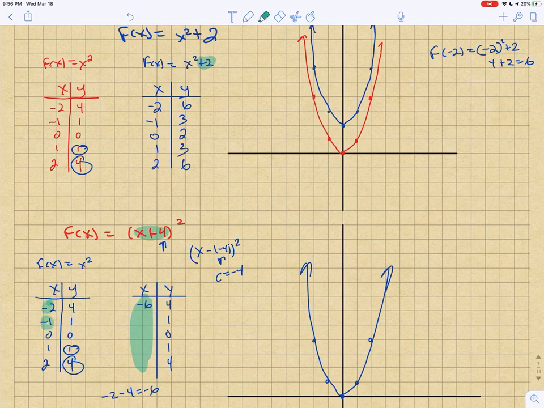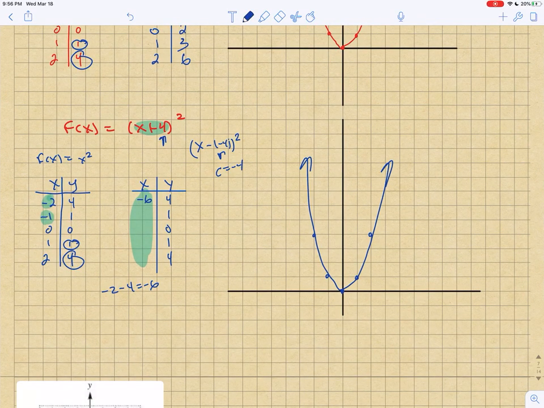Here I had negative 1. Negative 1 minus 4 equals negative 5. 0 minus 4 equals negative 4. I had 1. 1 minus 4 is equal to negative 3. I had 2 minus 4, or negative 2.